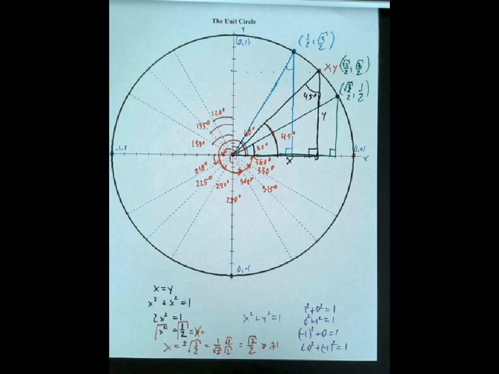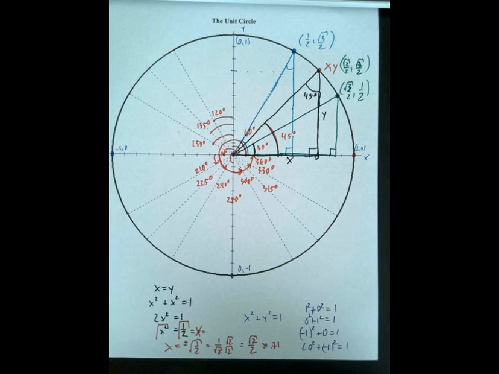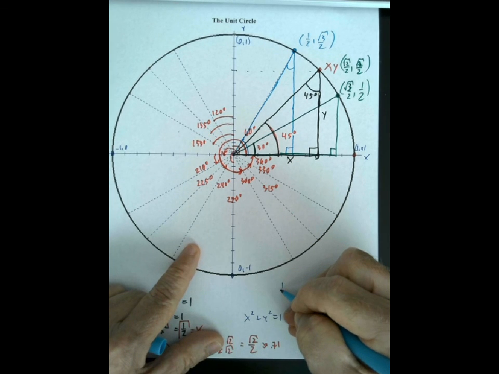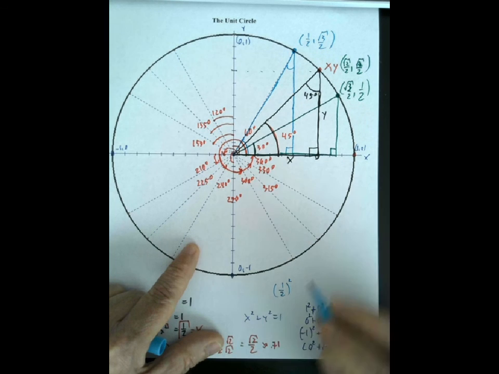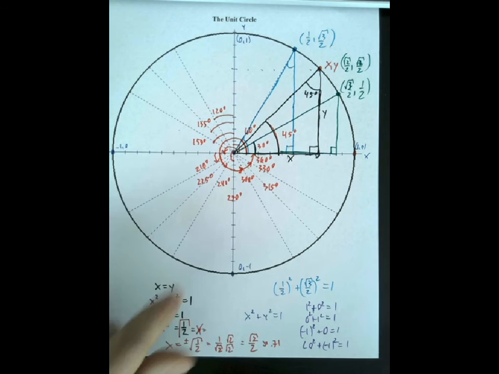Now, does that really work inside of our circle? Remember, it's supposed to be x squared plus y squared equals 1, right? Well, okay, let's think about that. Let's put 1/2 and rad 3 over 2 in there. So that's going to be 1/2 quantity squared for the x plus rad 3 over 2 quantity squared for the y, right?